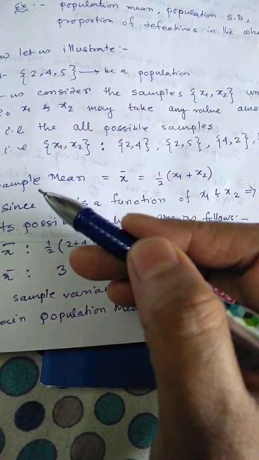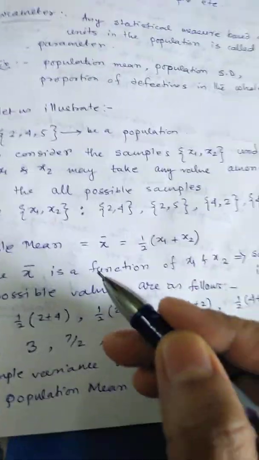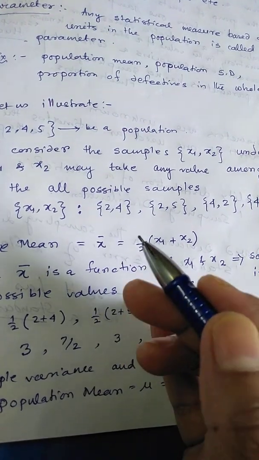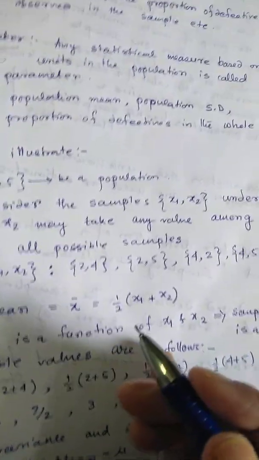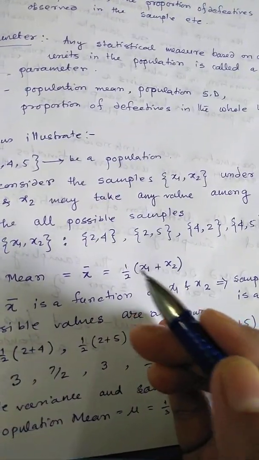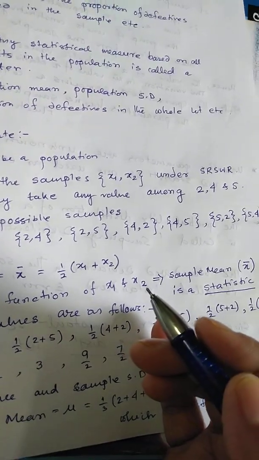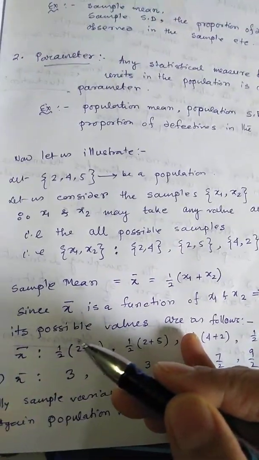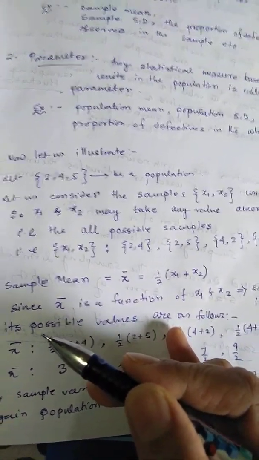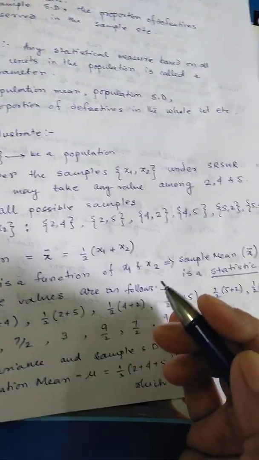Now we have to find the sample mean. What is the formula of the sample mean? The formula of the sample mean is half into x1 plus x2, depending on the size of the sample. Since x bar is a function of x1 and x2, the possible values of the sample mean x bar are as follows.